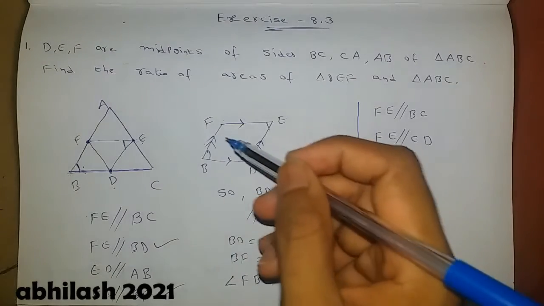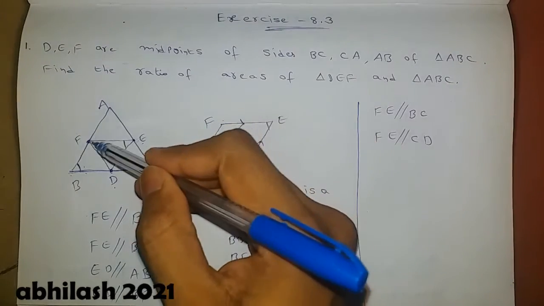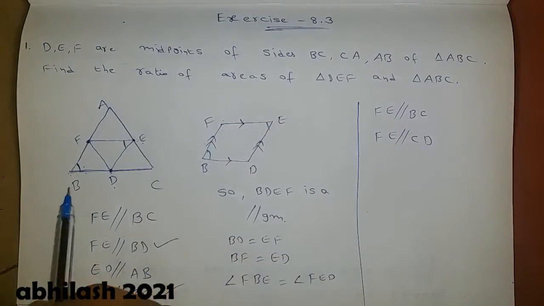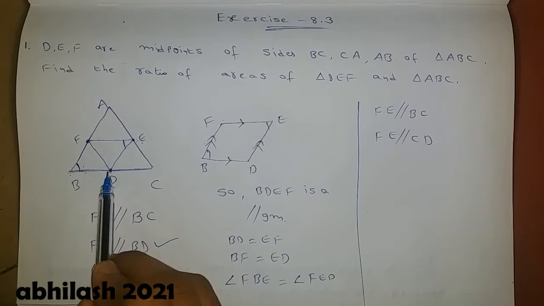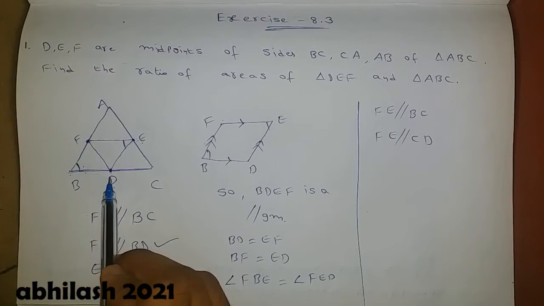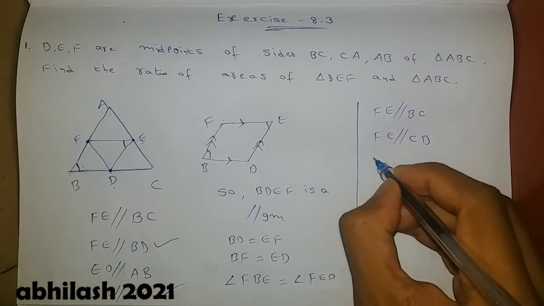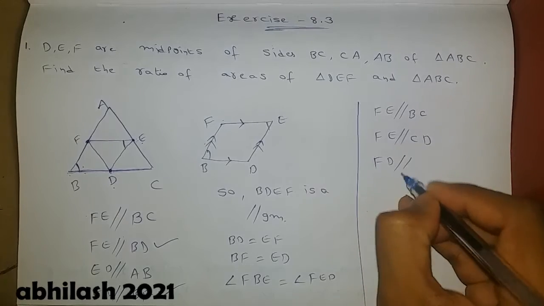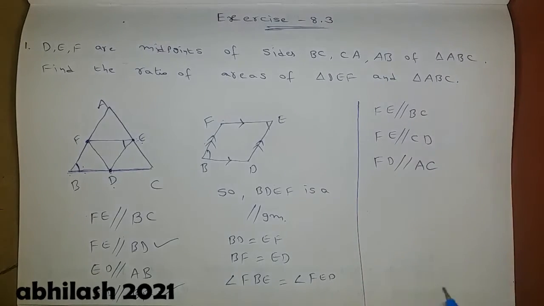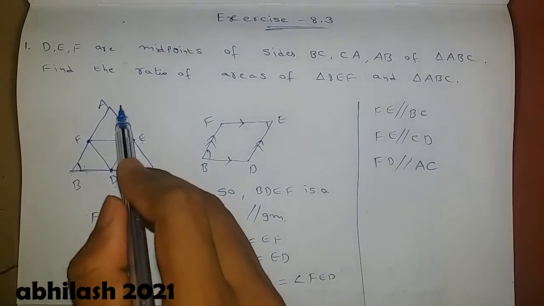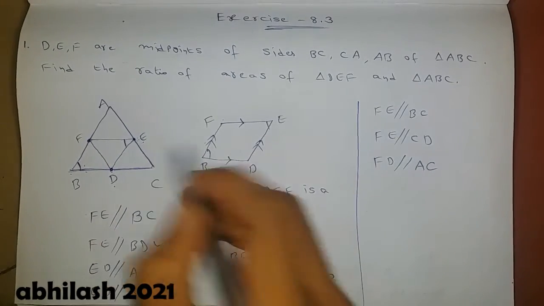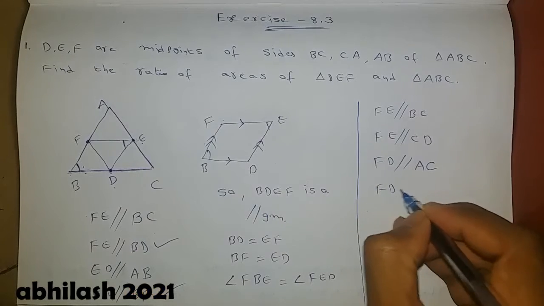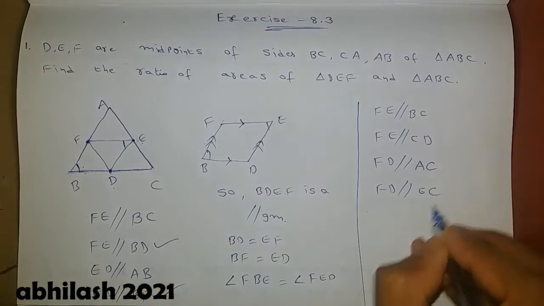Next, I will take the FD line. F is the midpoint as well as D is the midpoint. So FD, which is joining those two midpoints, will be parallel to the third side AC. If FD is parallel to the total side AC, then it will be parallel to the half side EC also. So FD is parallel to EC.